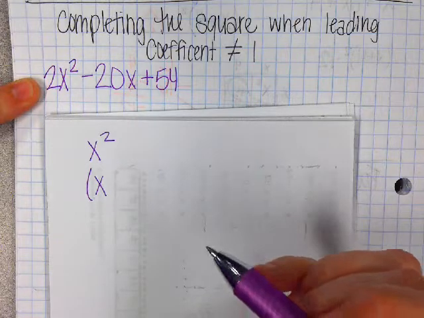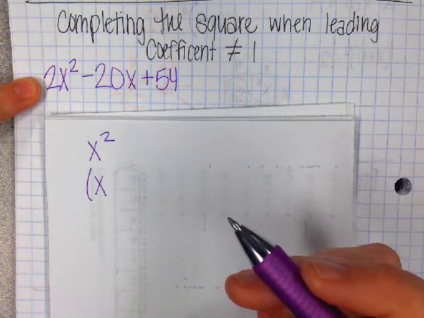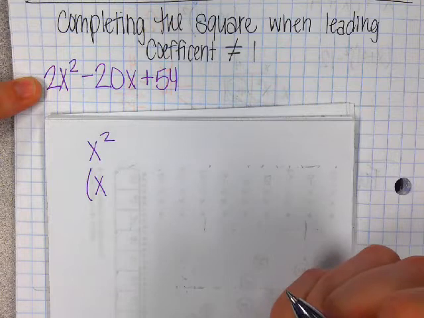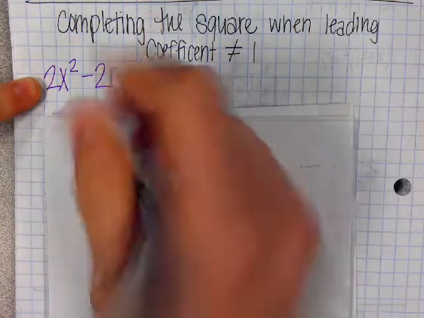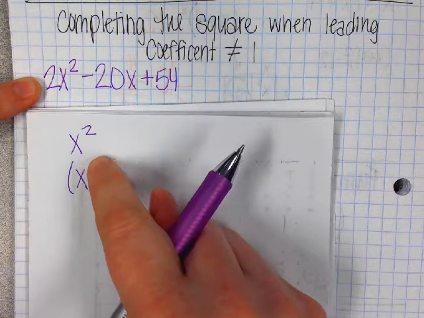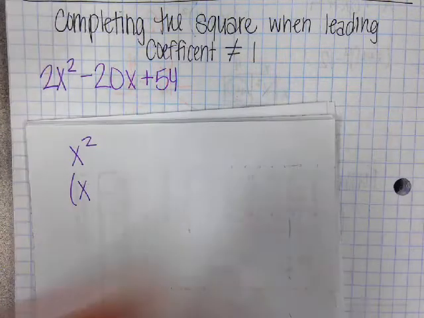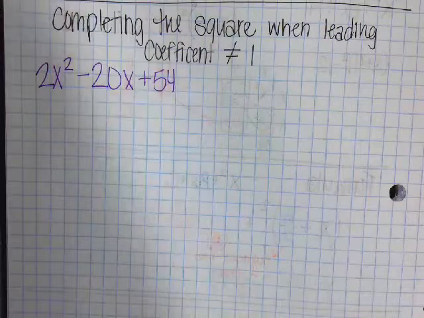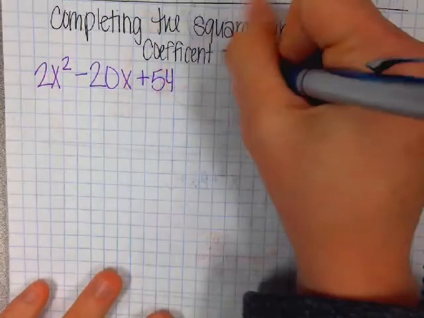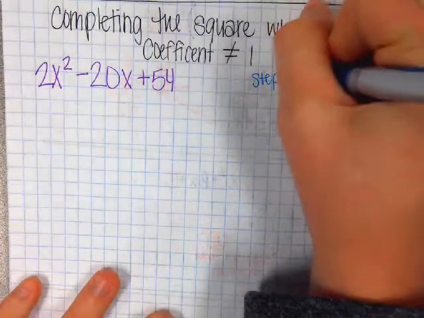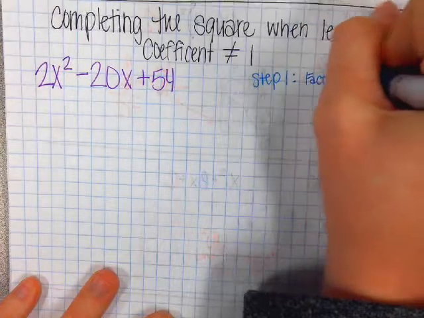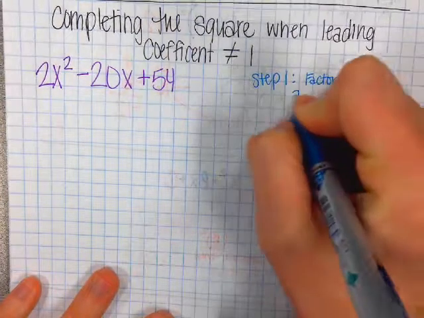What could I divide it by? How could I make 2x squared become just x squared? Divide it by 2. So when you do this, your first step, step 1, factor out a 2.